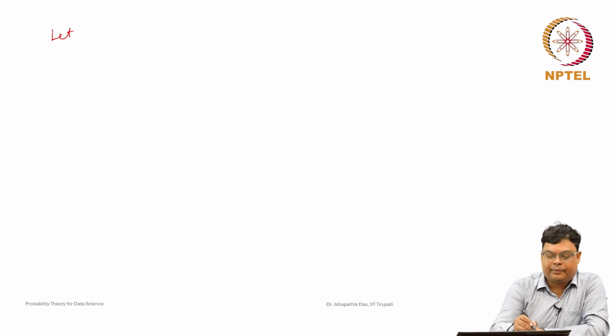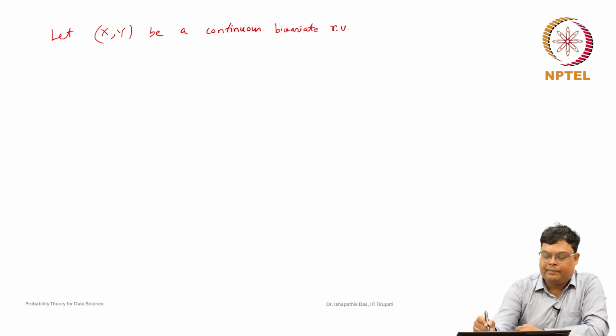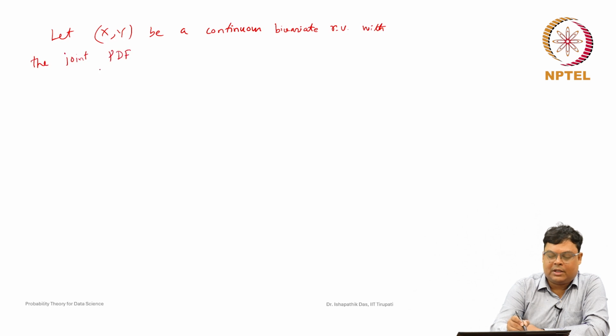Let XY be a continuous bivariate random variable with the joint probability density function. Here we will talk about the joint probability density function, because they are continuous.